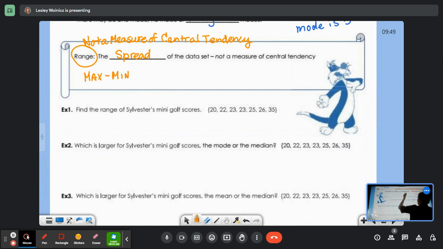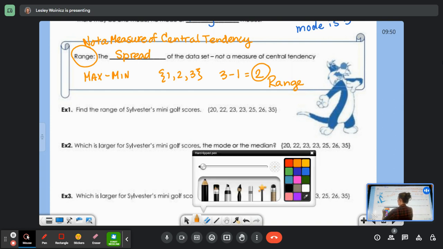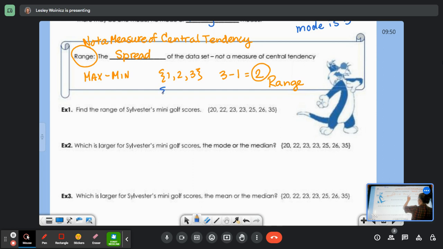So let's say that we had our data set that we were using above of 1, 2, and 3. Our max would be 3. Our minimum is 1. And 3 minus 1 is 2. That's our range. Now, we could get the same range by doing this data set, 8, 9, and 10.